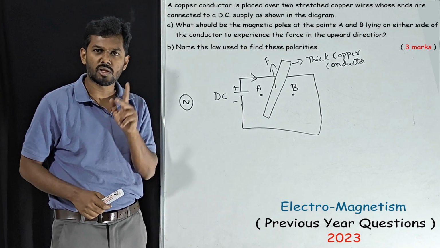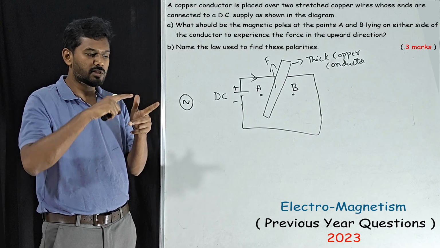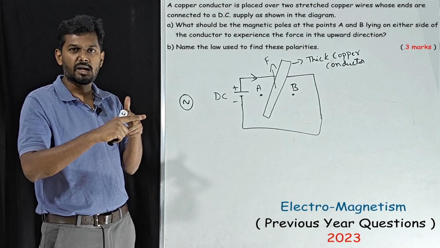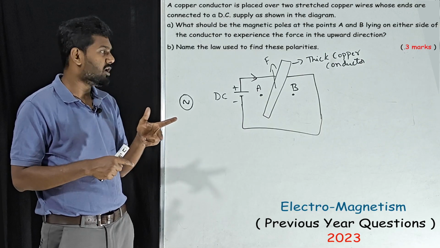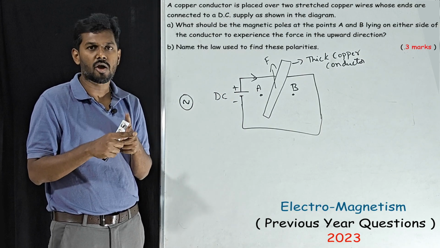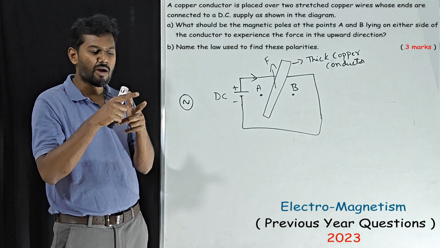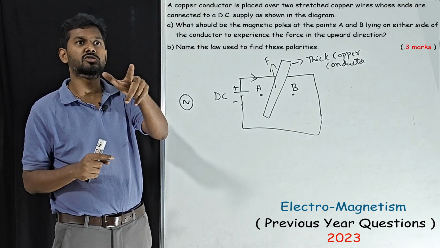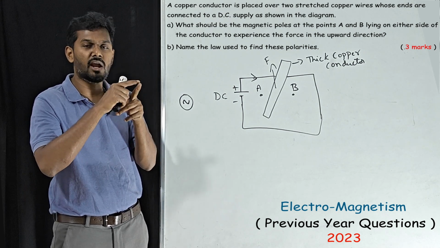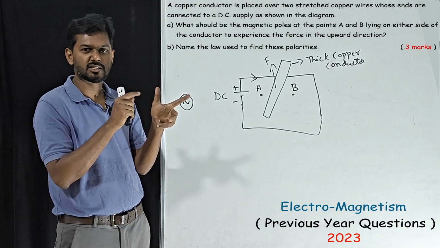I have taught you in the concept video how to use it. FBI: F is force, B represents magnetic field, I represents current. Always we align the forefinger according to the magnetic field, where the north is. But in this question they are asking the polarities of the magnet, so we cannot align that one. We have to align these two, because these two directions are given.